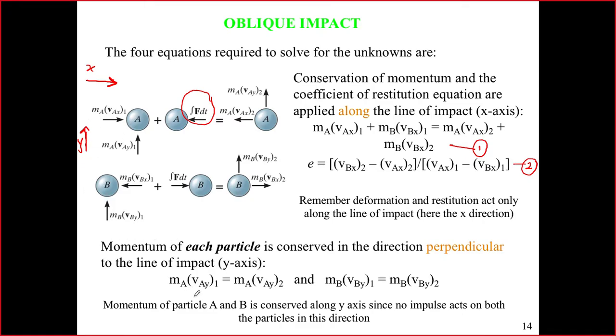So that means there is no momentum change in the y direction, such that the initial velocity perpendicular to the line of impact will be equal to the final velocity perpendicular to the line of impact for both particles A and B. Then we get our four equations.